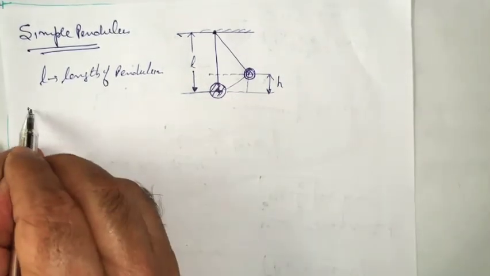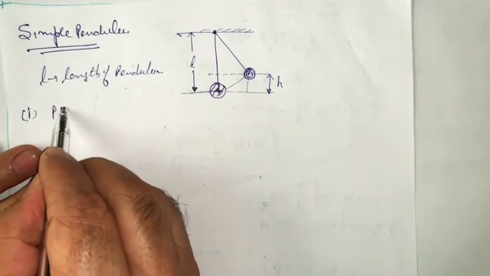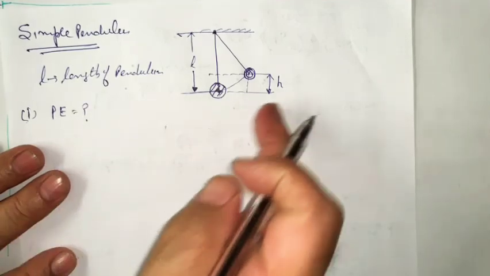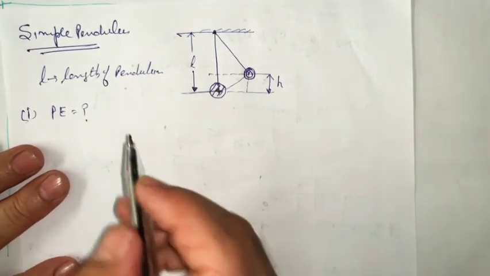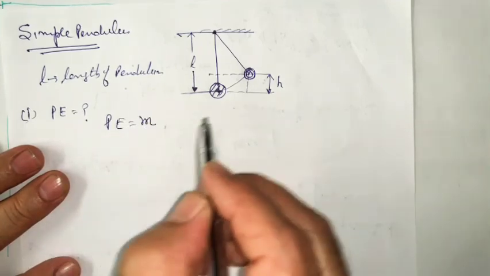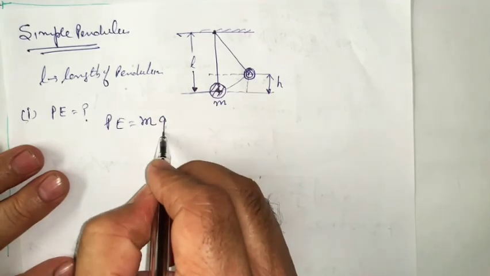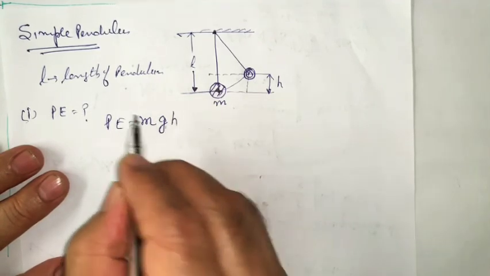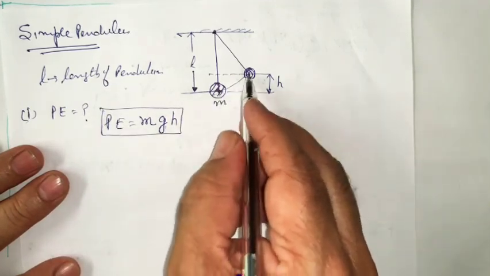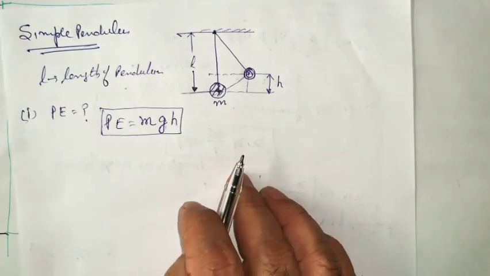The question number 1, what is the potential energy of the bob if it is raised by height h? Very simple. Potential energy is M, mass of the bob, thread is weightless, into gravity, into the height by which the bob is raised from the mean position.